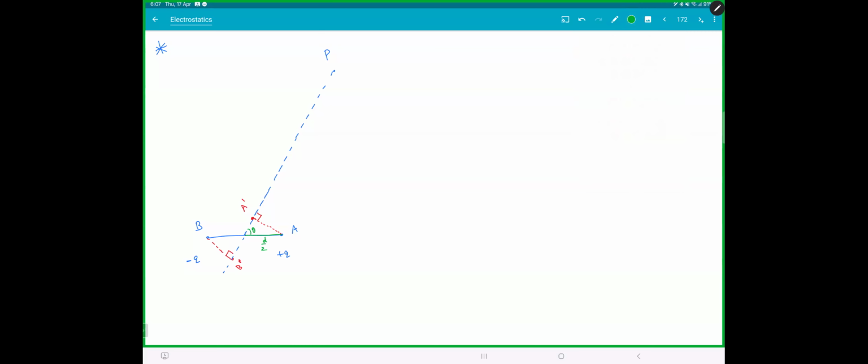Let me exaggerate this. So this was the line A and B. This was theta. From here, you're dropping a perpendicular. This guy was d by 2. This length will be d by 2 cos theta.